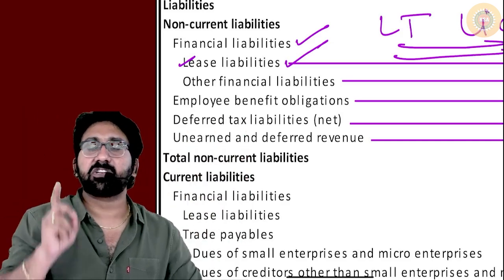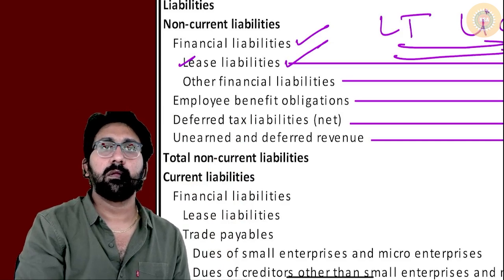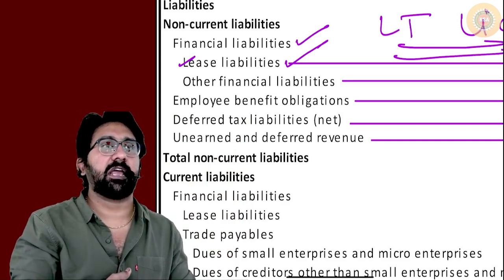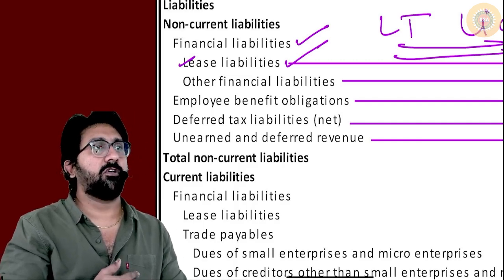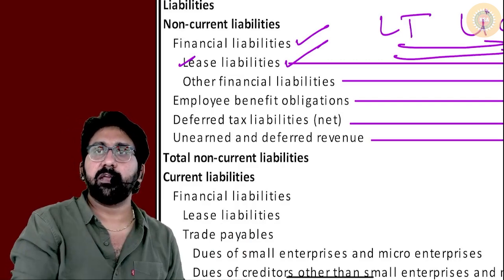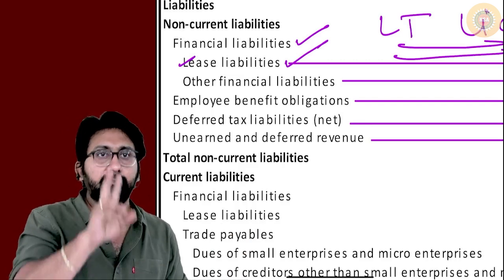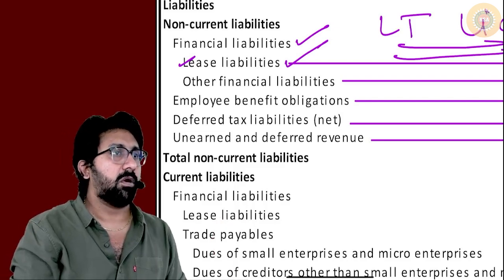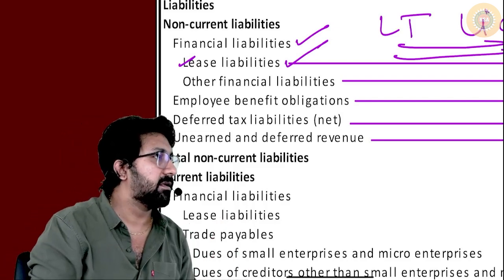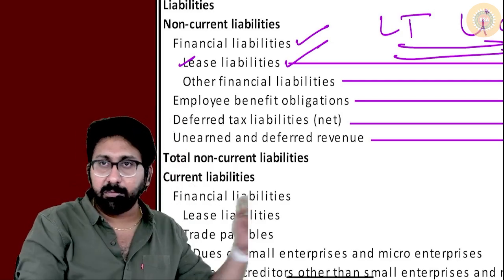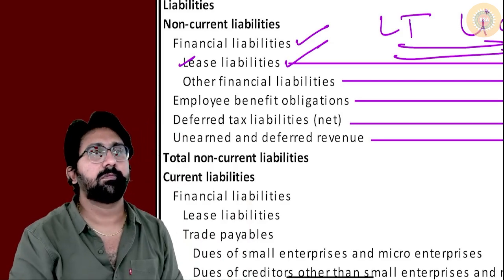Everyone tell me, in the first option, what have I taken? A loan, and I am paying regularly. In the second option, you say I will not give you a loan, I will only give you the car.